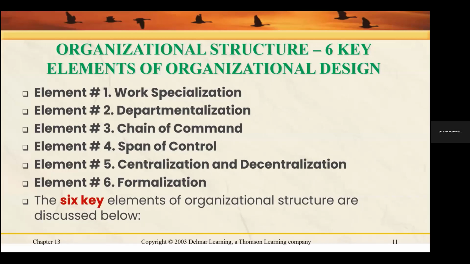So let's go through all these elements of organizational structure. Number 1 element is specialization. What do you mean by specialization? Early in the 20th century, there was this person, Henry Ford.